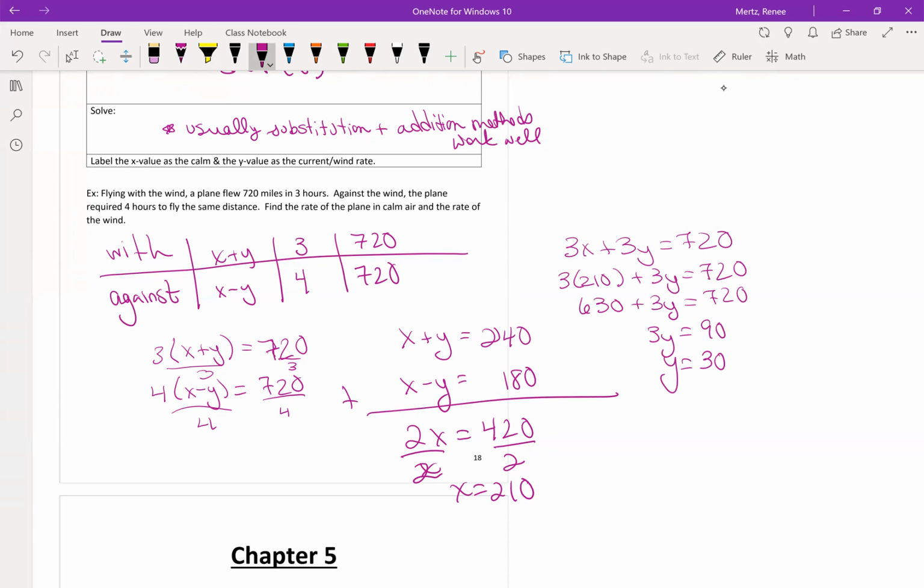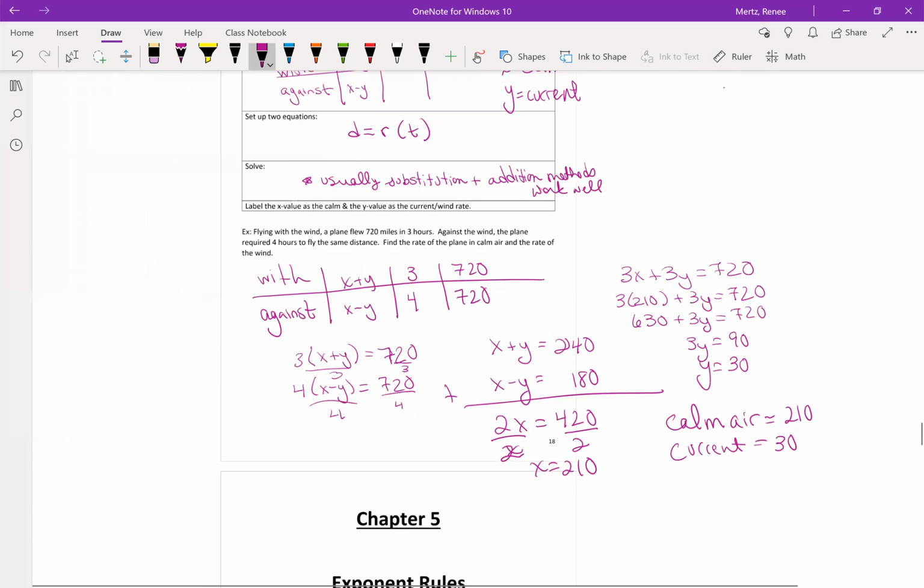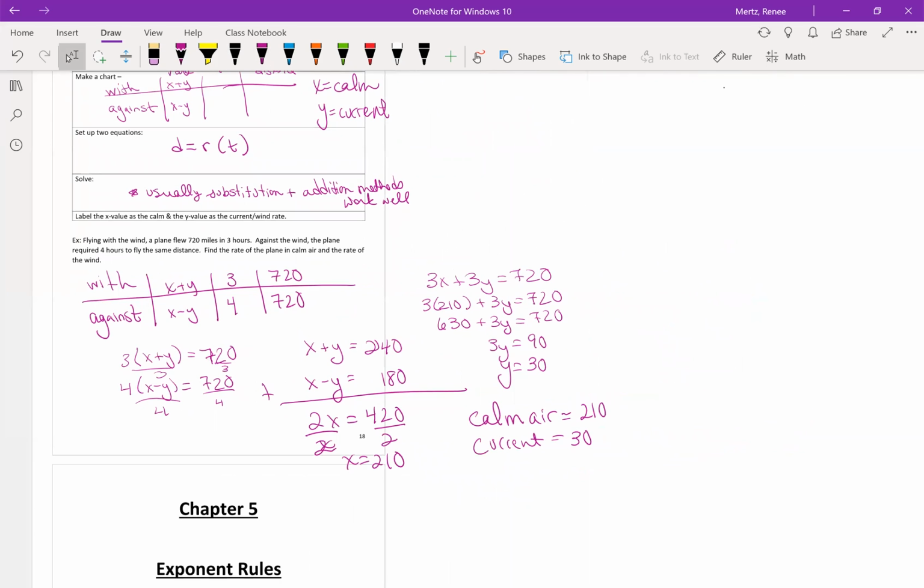Y equals 30. So make sure you answer the question. The calm air is 210 miles per hour. The current is 30 miles per hour. That would be chapter 4 notes.